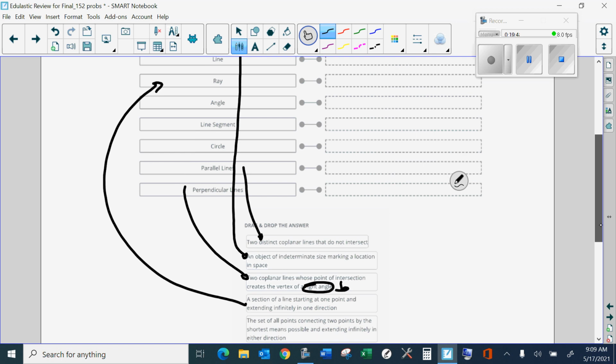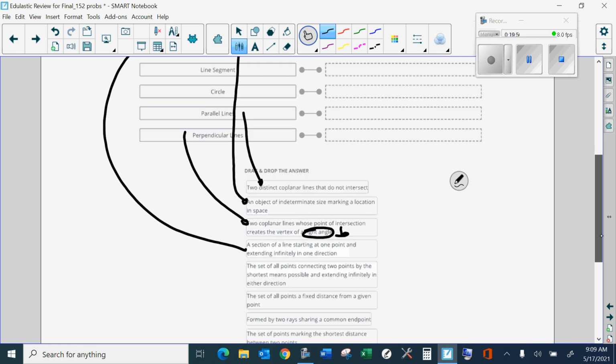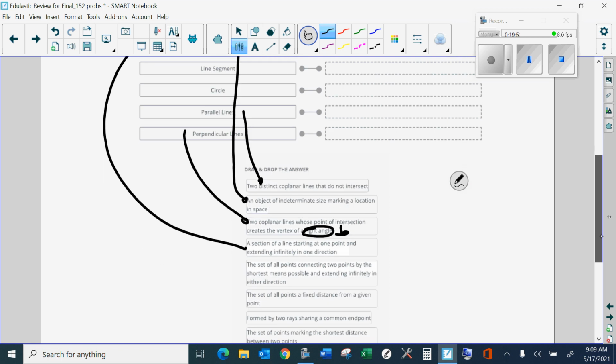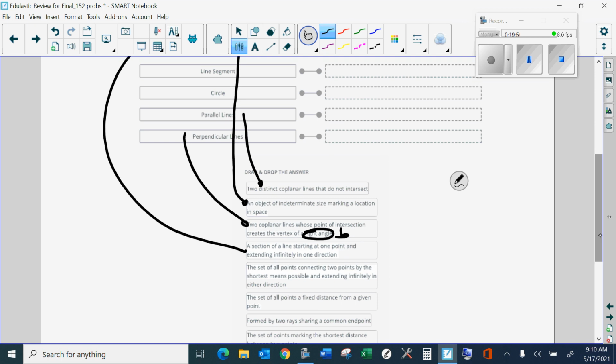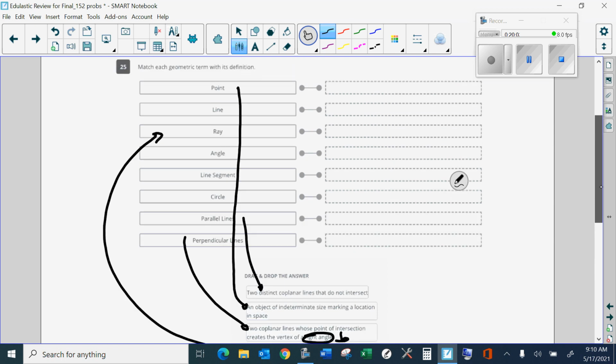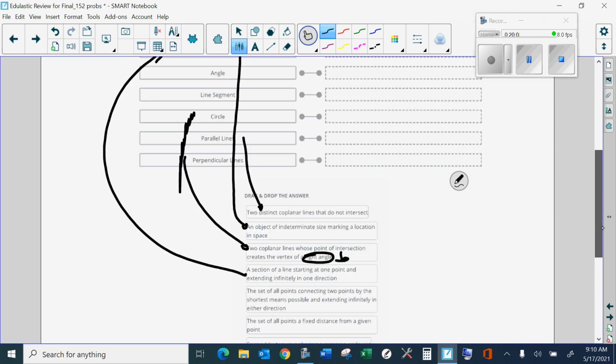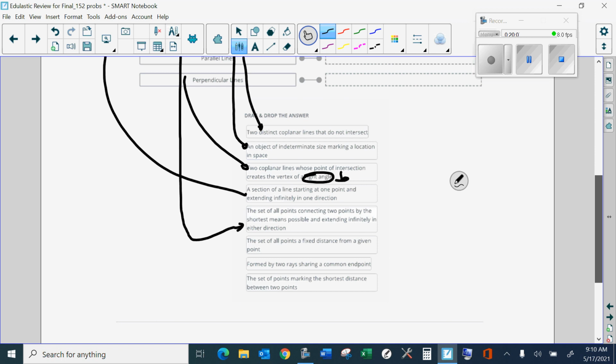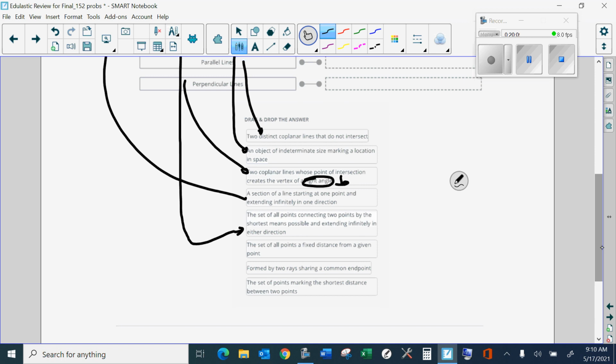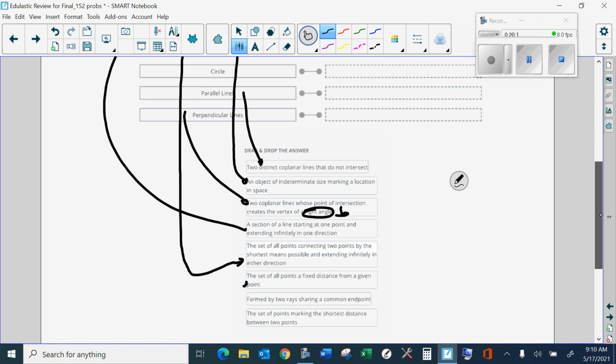If it's in space. Set of all points connecting 2 points by the shortest means possible and extending infinitely in either direction. That sounds just like a line. Okay. Set of all points of fixed distance from a given point, that's a circle. Where's circle?